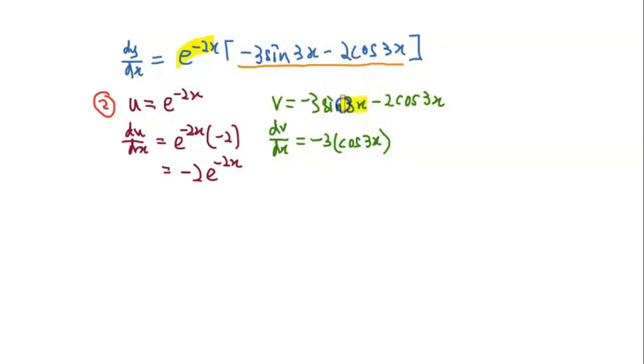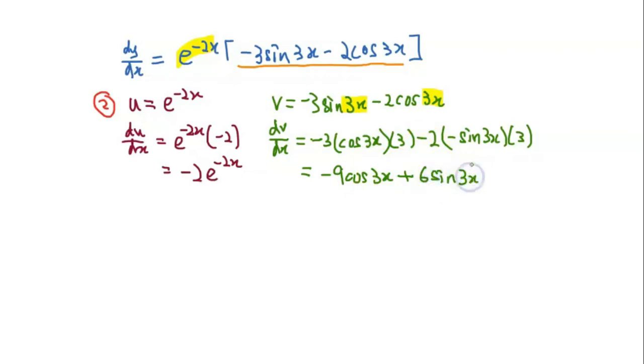Differentiate its function 3x equals 3. Minus 2, differentiate cos 3x equals negative sin 3x. Then differentiate its function 3x equals 3. Simplify the answer to negative 9 cos 3x plus 6 sin 3x.